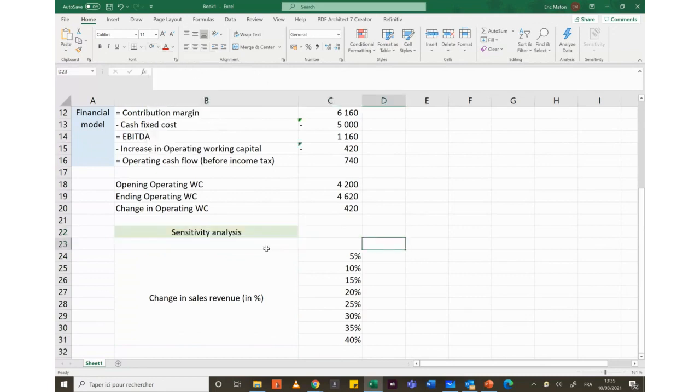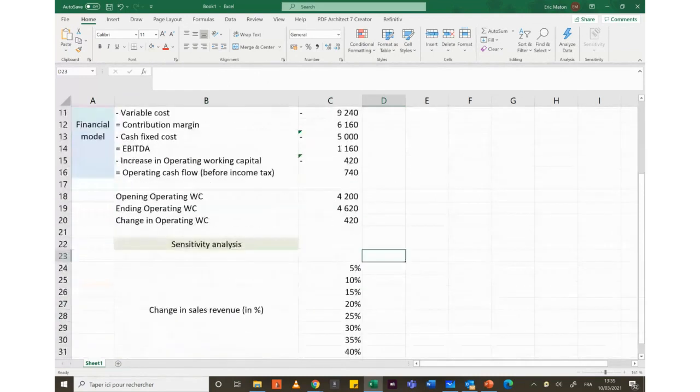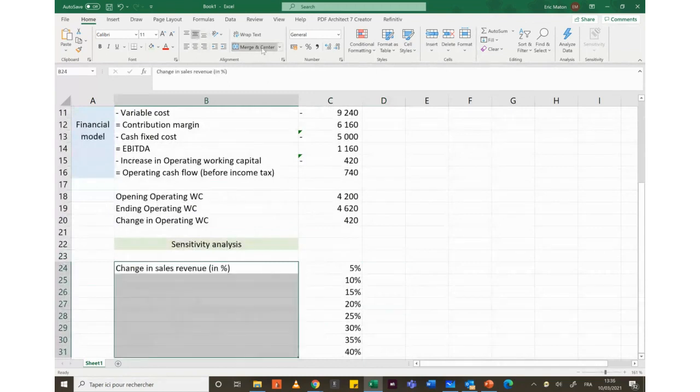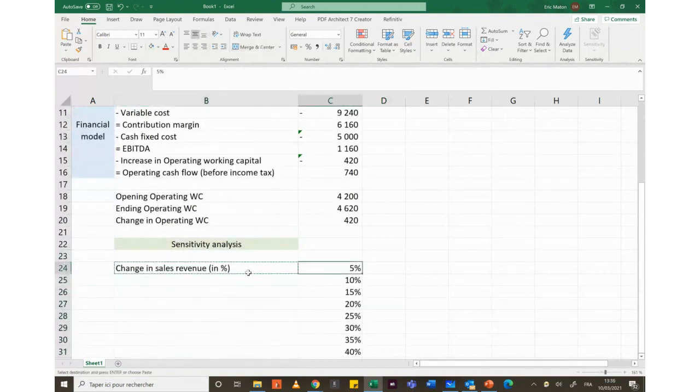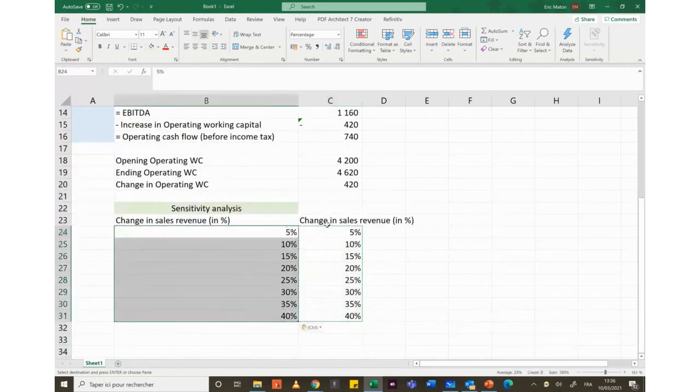And we change only this one. So it is a sensitivity analysis, but with only one input. Because we have the possibility to do it with two inputs changing at the same time, but here we do only one.